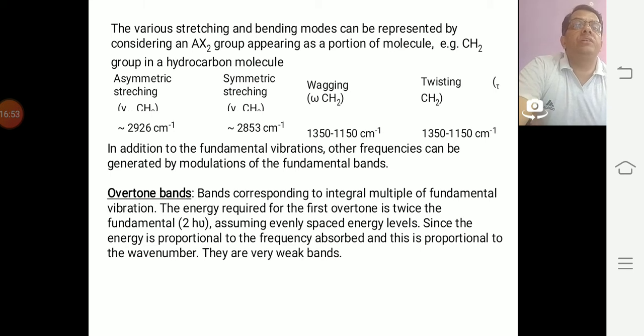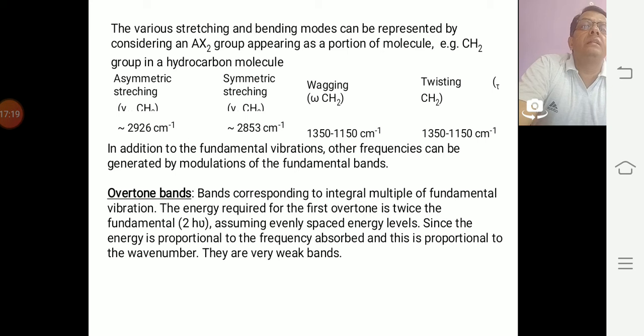The various stretching and bending modes can be represented by considering an AX2 group appearing as a portion of a molecule, for example a CH2 group in a hydrocarbon molecule, where we get these four types of molecular vibration.